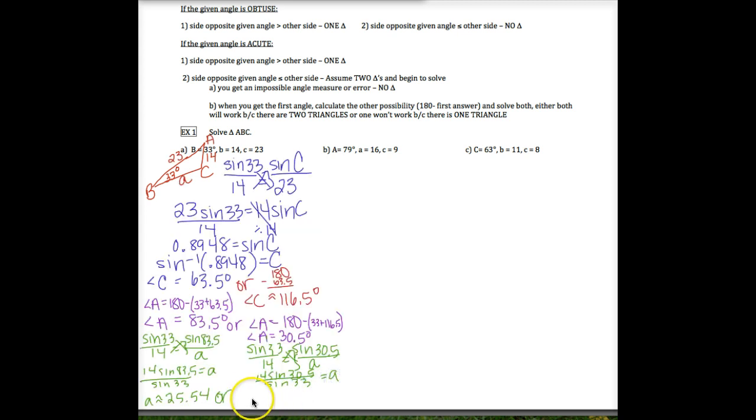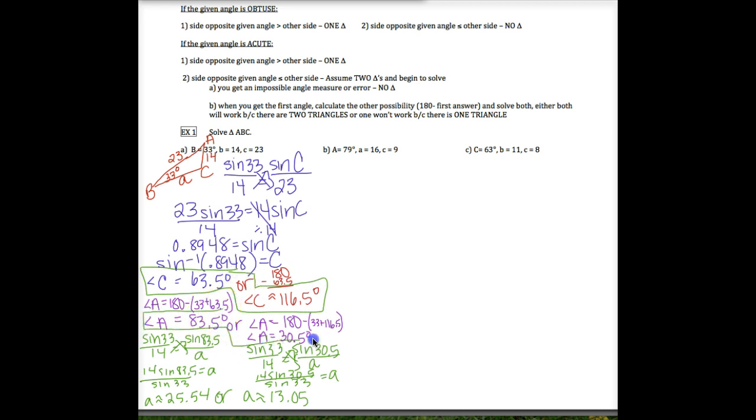It's going to give us A, which in this case would be 13.05. So check this triangle. C is the biggest here, so 23 is bigger than 14 and bigger than 13.05, so that works. B is bigger than A, so 14 should be bigger than A, which it is. So these all work, so I'm going to go ahead and get all of my answers. So there's my C's.